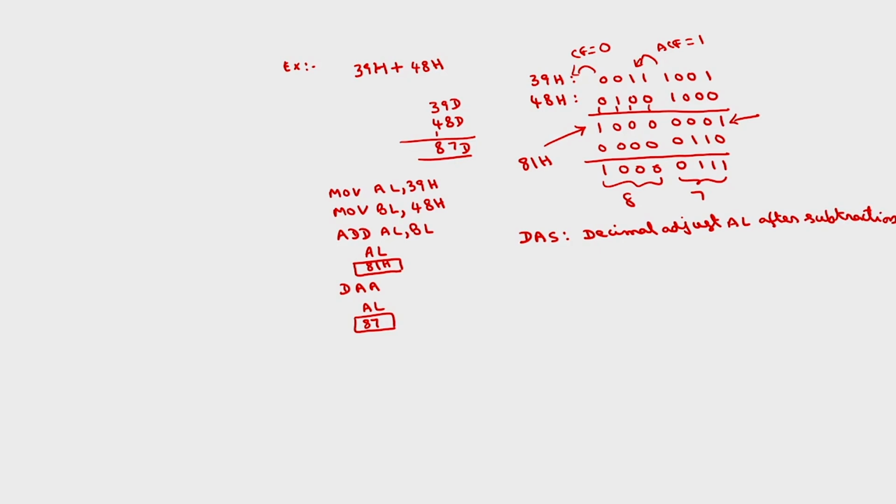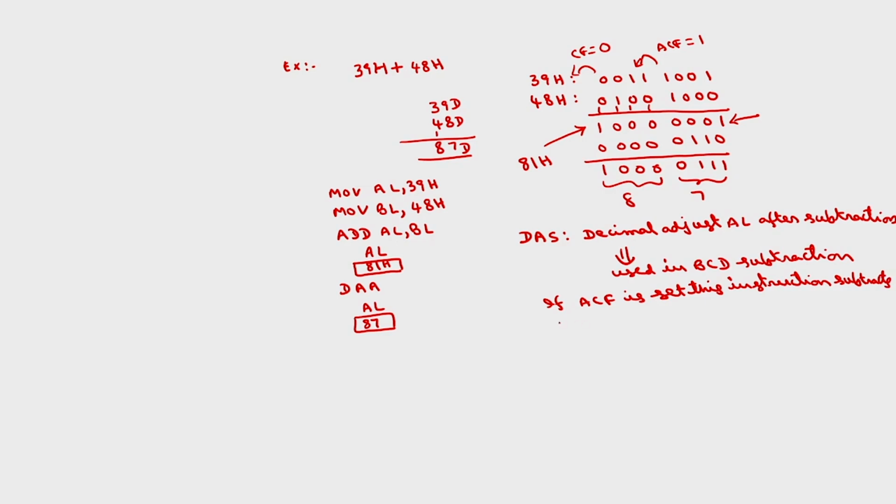Same thing here, this will perform BCD subtraction. If the auxiliary carry flag is set, this instruction subtracts 6 from the lower nibble.